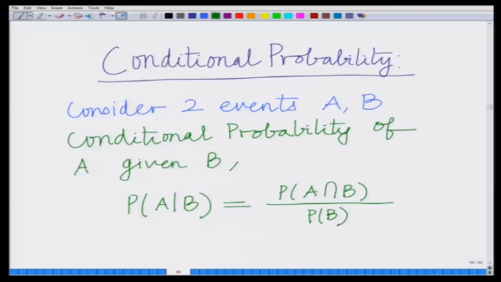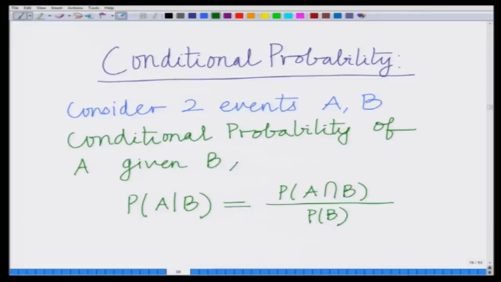So we are now defining a new concept, that is the conditional probability. Let us say A and B are two events. The conditional probability of A given B is how the probability of occurrence of A is affected given that the event B has occurred.